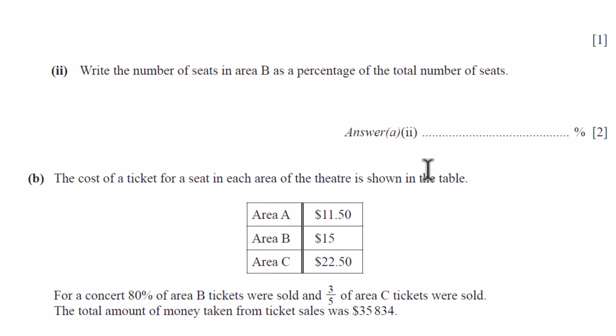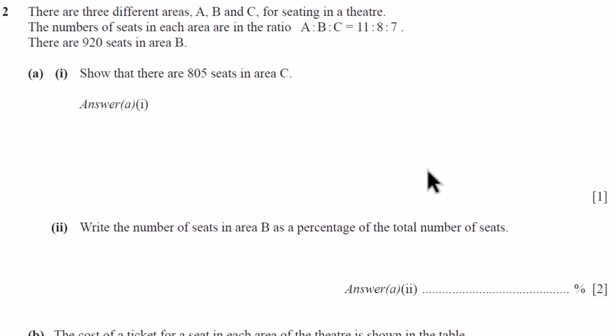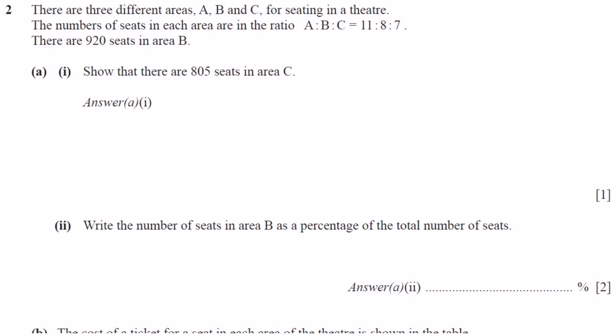Let's go back to number 2, the beginning of the question. The first thing we need to look out for in this question is this ratio here given. So 11, 8, and 7, we need to do sum of ratios.